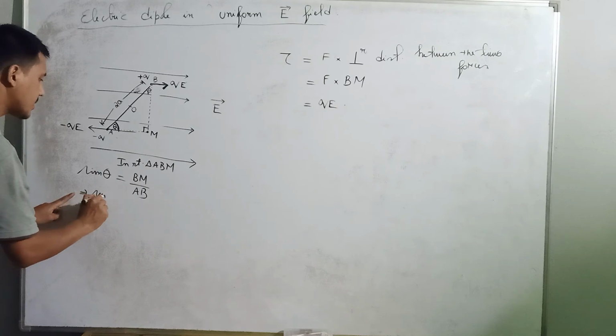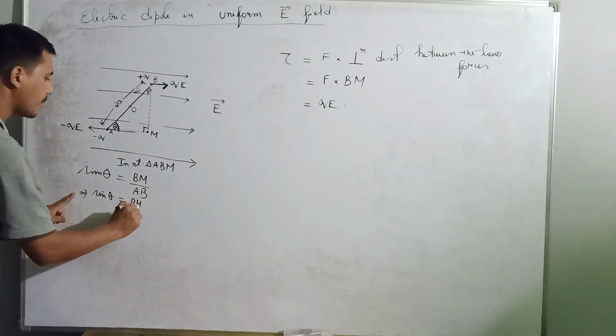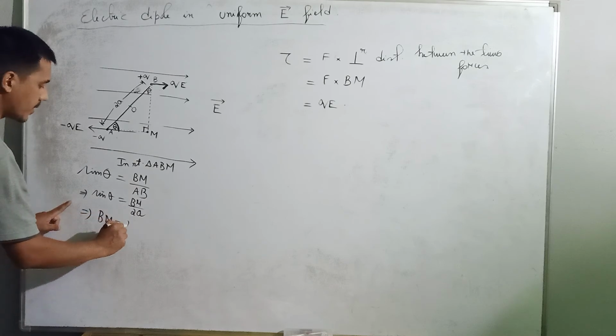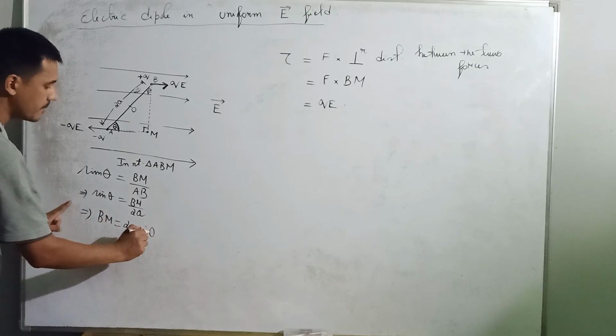So sine theta will be equal to BM upon twice the length of the dipole. In that case, your BM will be equal to 2A sine theta.